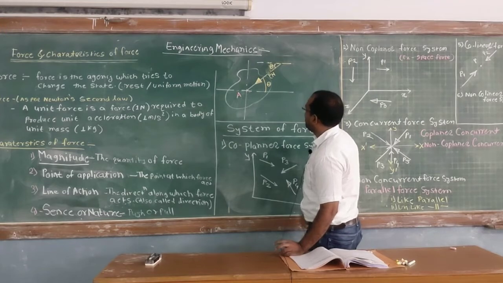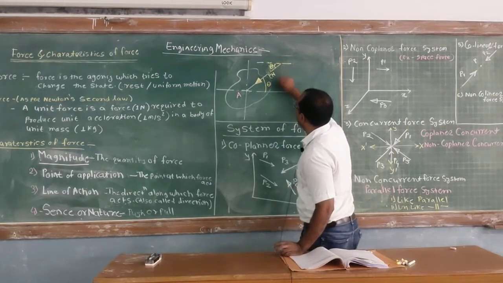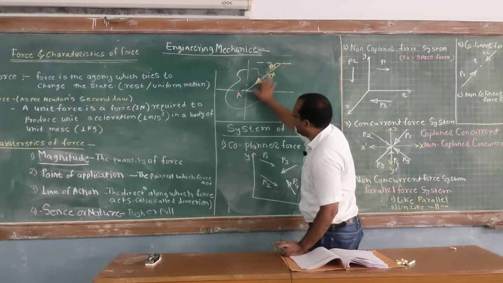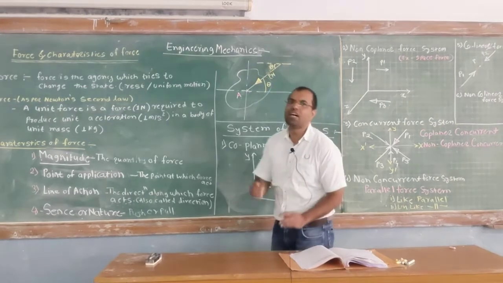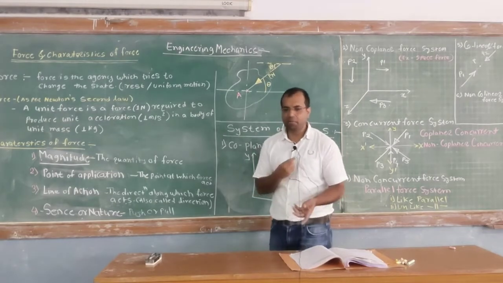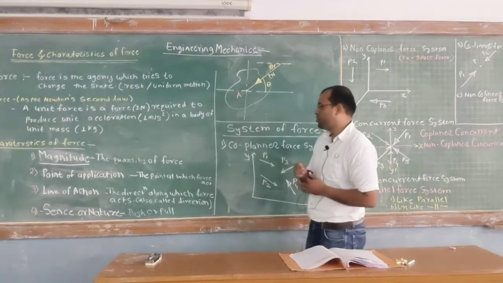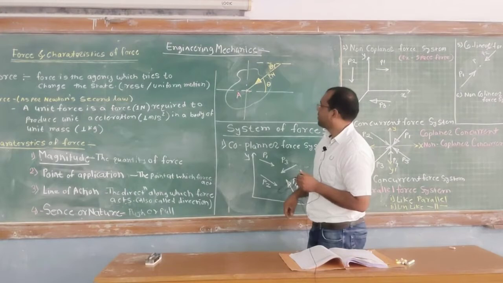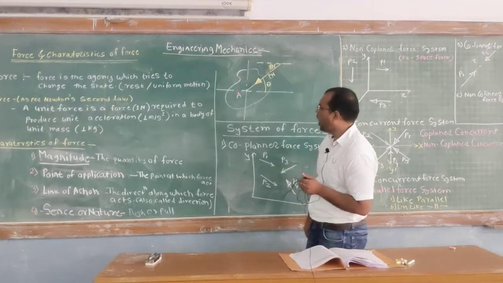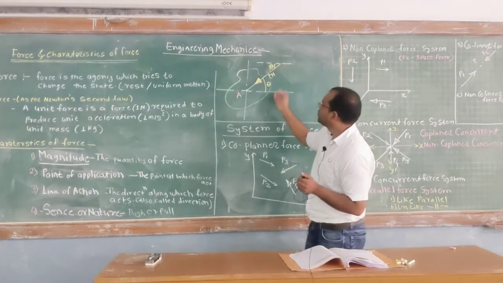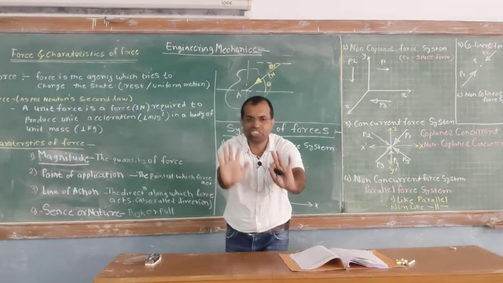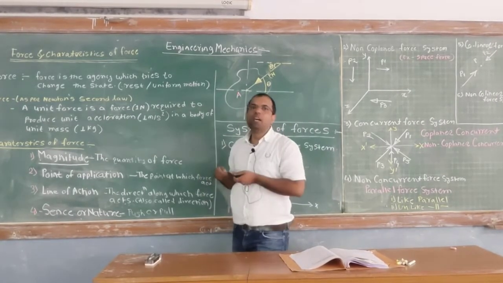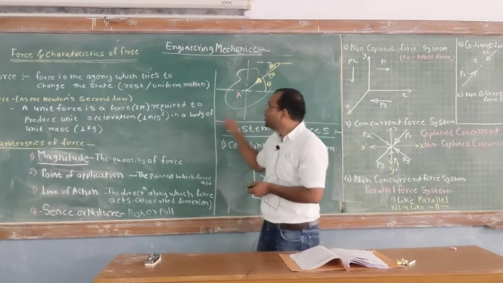Then line of action. Let's say this point is O. The line of action of this force is AO. What is line of action? The direction along which the force is acting is nothing but the line of action of the force. Then next, the sense or nature of the force. There are two types of force: one is the push type of force, another one is the pull type of force.